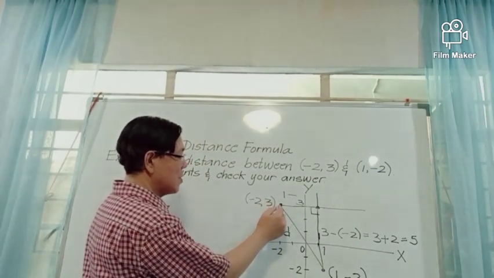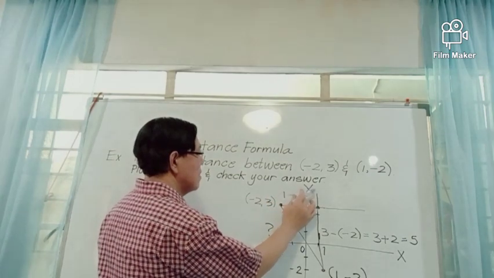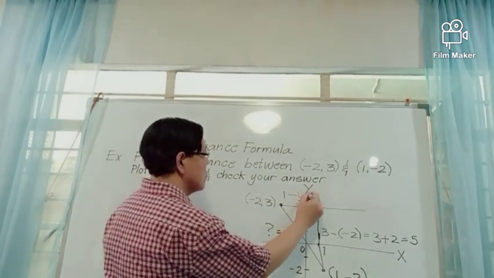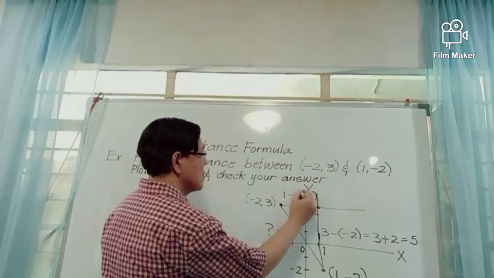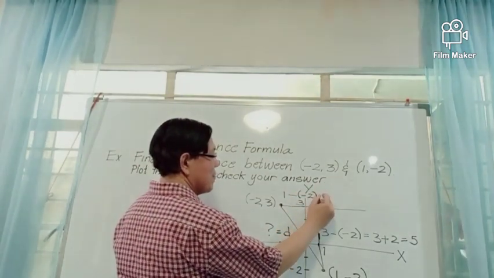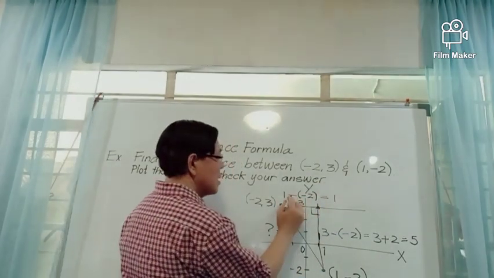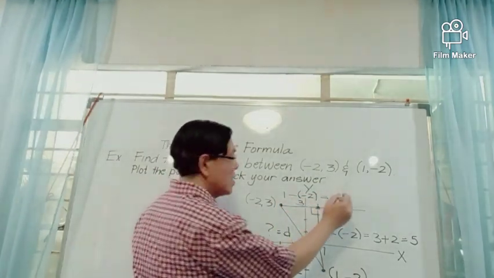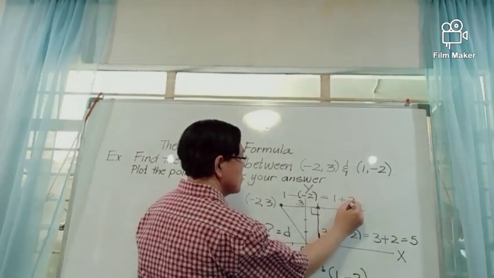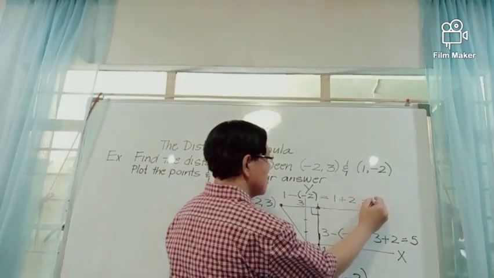The abscissa of this point is negative 2. 1 minus negative 2. And we simplify, we get 1, negative times negative 2 is positive 2. And 1 plus 2 is 3.